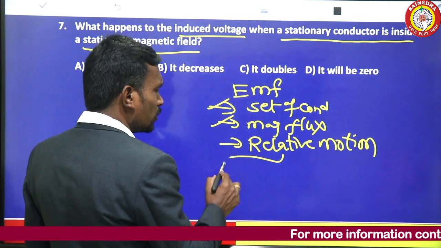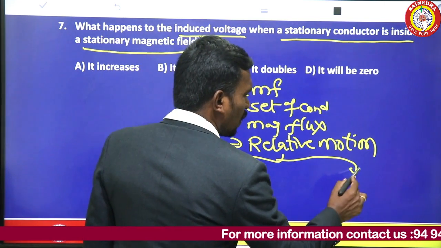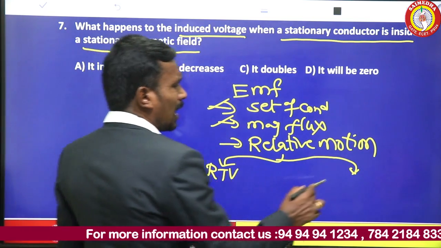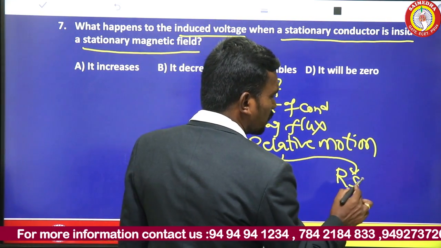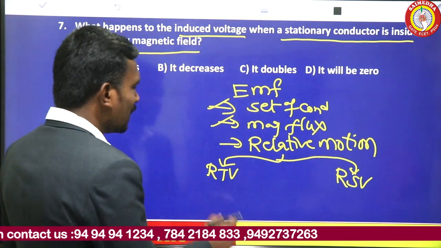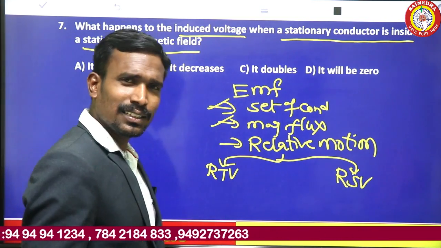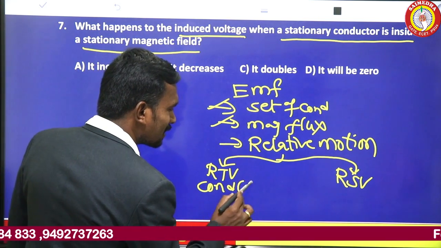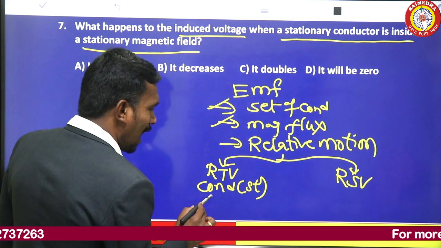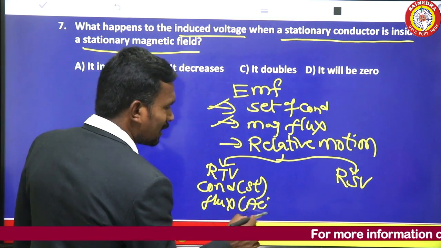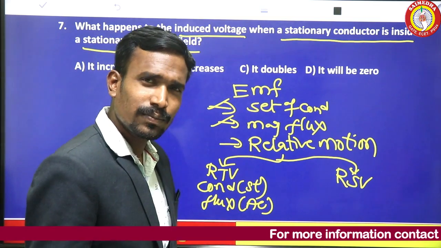This relative motion is of 2 types. One is the relative time variation. The other is the relative space variation. In relative time variation, the conductor is stationary and the magnetic flux is AC magnetic flux.